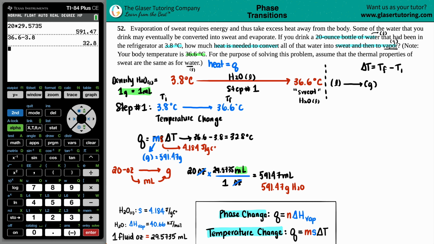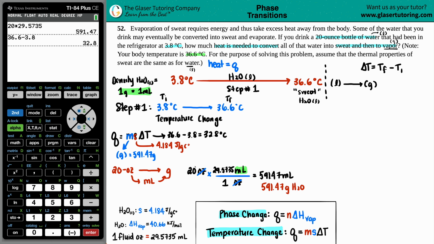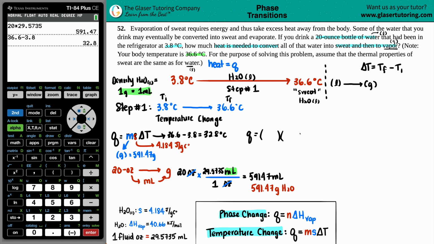Maybe I could do it over here. Q equals M S delta T. So my M is 591.47, my S value is 4.184, and my delta T is 32.8. So let's find out the heat that is required just for that temperature change.